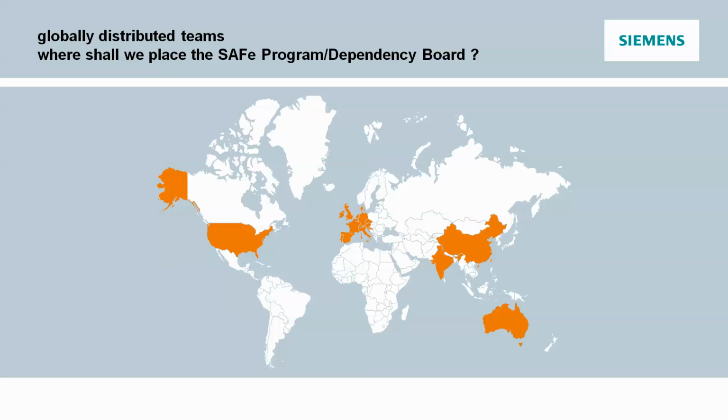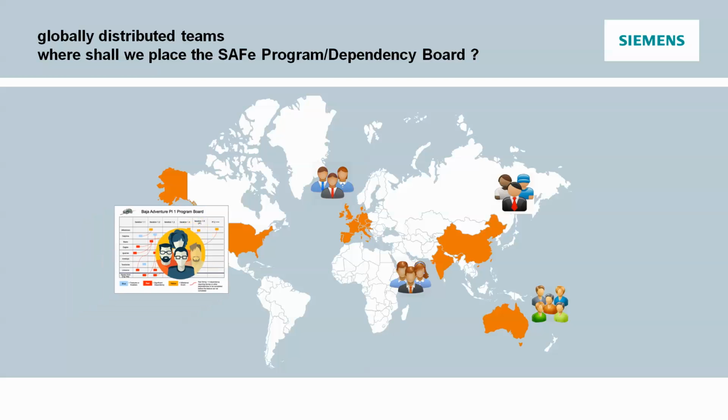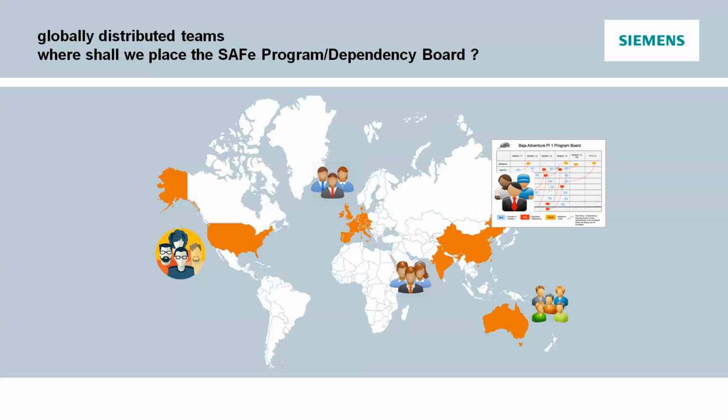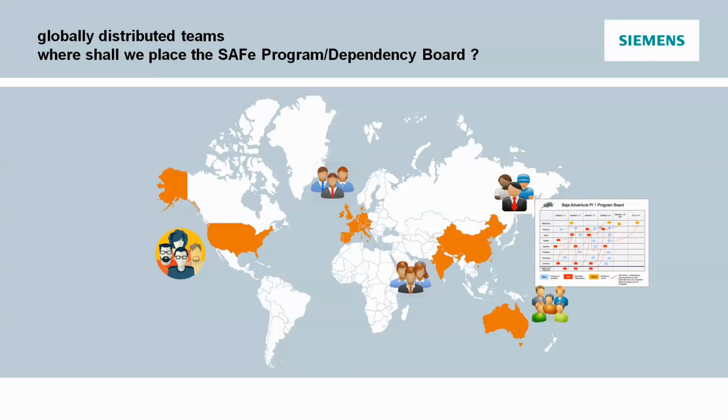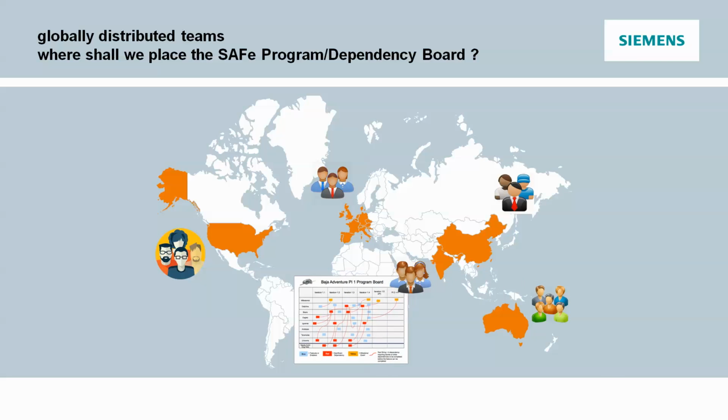Let's assume we have teams in China, Australia, US, Europe, and India. So we're going to have a physical program board in the US. So how can we make this physical program board available to other locations? That's the challenge. How can we solve that?